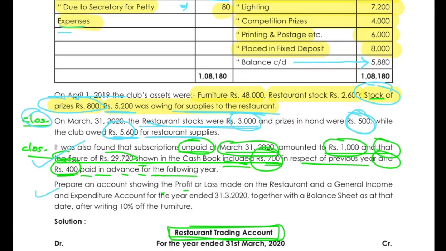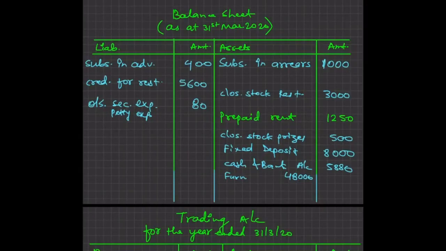And they have lastly given after writing off 10% of the furniture. That means there is a depreciation on furniture of 10%. So for that, I need to deduct that amount from my furniture account less depreciation 10%, that would be 4,800. It will be deducted from my furniture account.